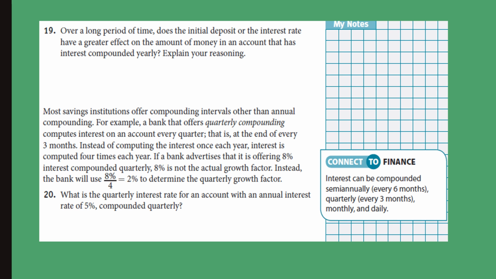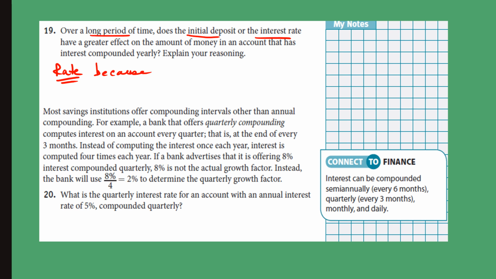So 19 asks us, over a long period of time, does the initial deposit or the interest rate have a greater effect on the amount of money in an account that is interest compounded yearly? Well, we sort of already noticed that the rate has a bigger effect because now this is all based on a long period of time.